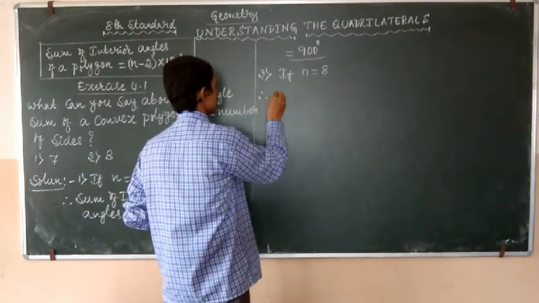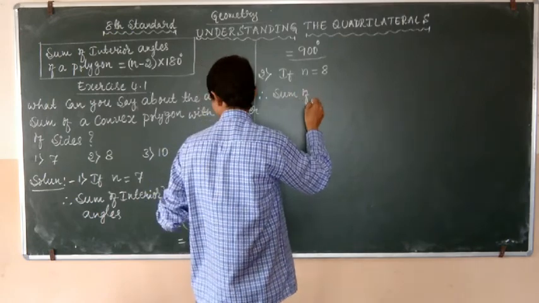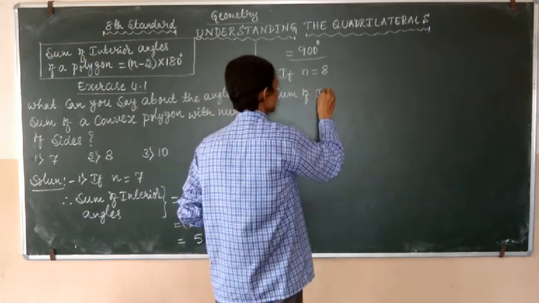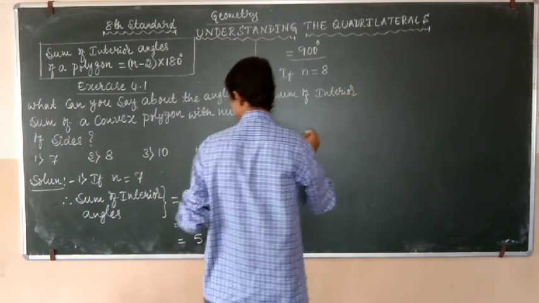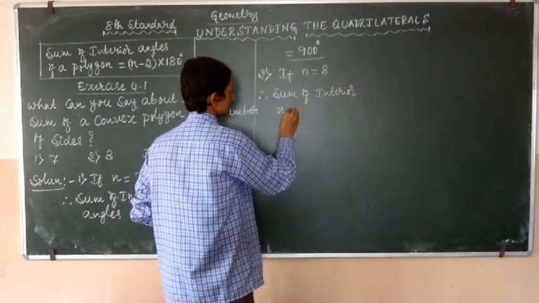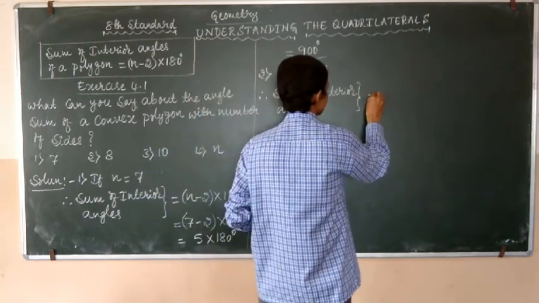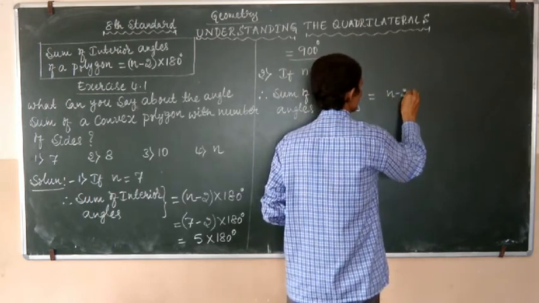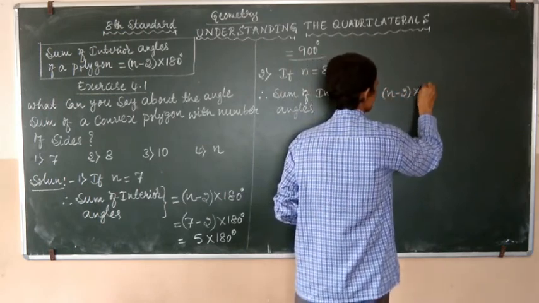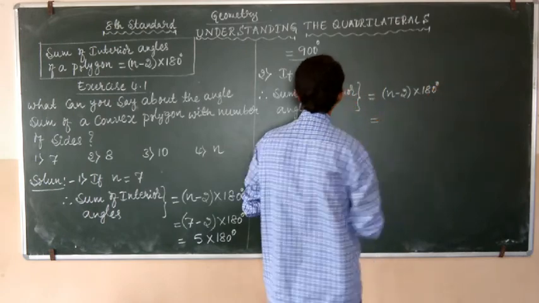Once again, by using the formula, sum of interior angles equals (n minus 2) into 180 degrees.